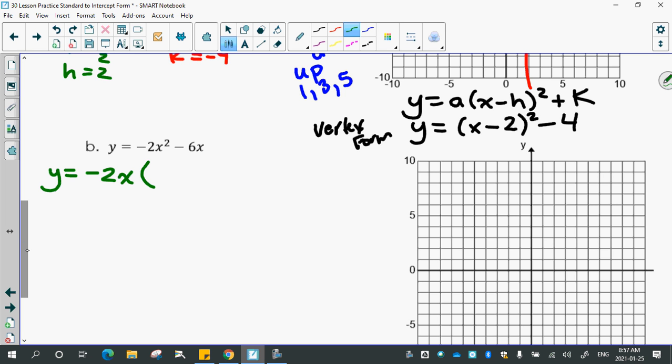So you divide -2x squared by -2x, you get x. If you divide -6x by -2x, you get +3. Okay? So that's called factored form. But we want to put it into intercept form, which looks like this.